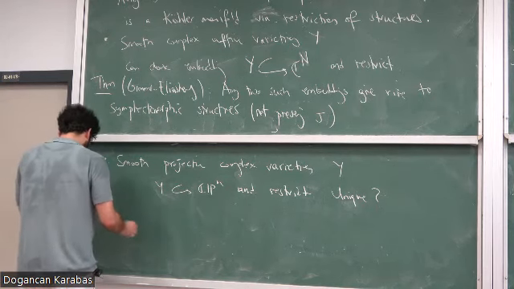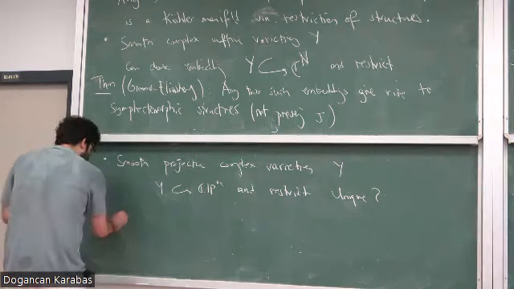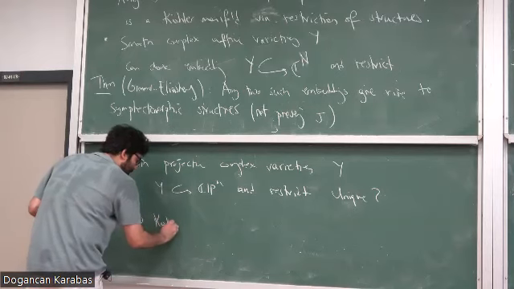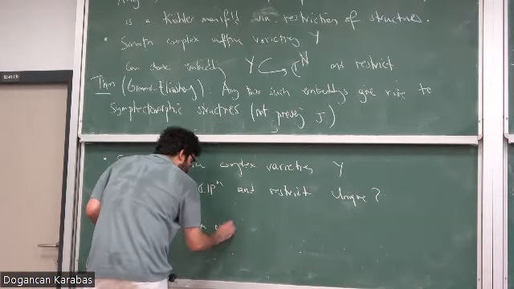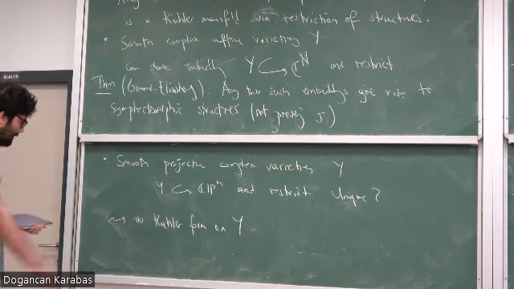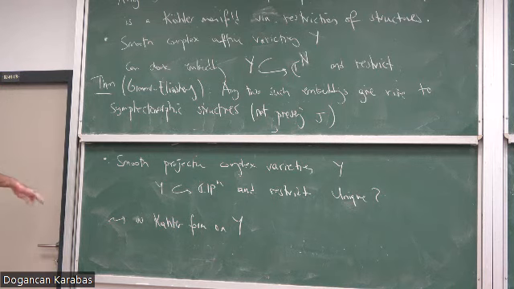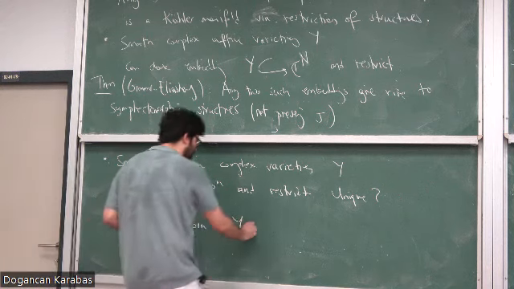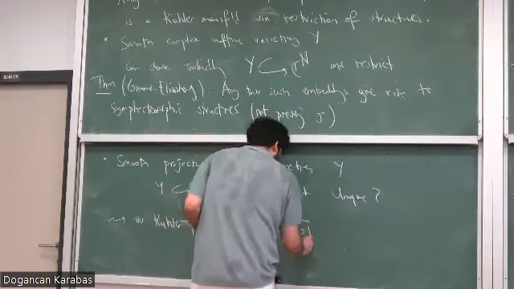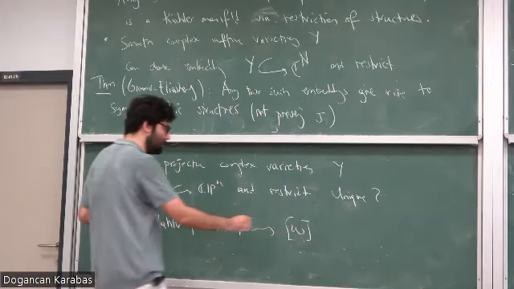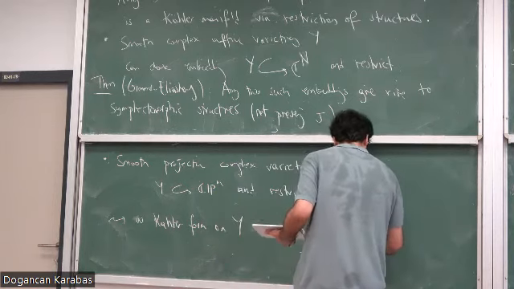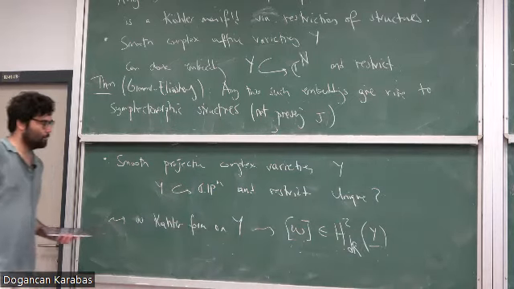So what you have is, from this you get a symplectic form omega on Y. And once you have a symplectic form, which is in particular a closed two-form, you can take its de Rham cohomology class. Okay, so this gives you a class in the second de Rham cohomology of Y. Okay.